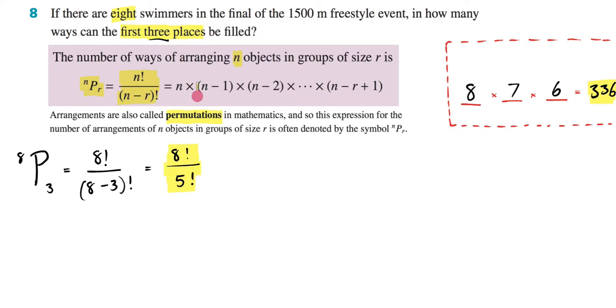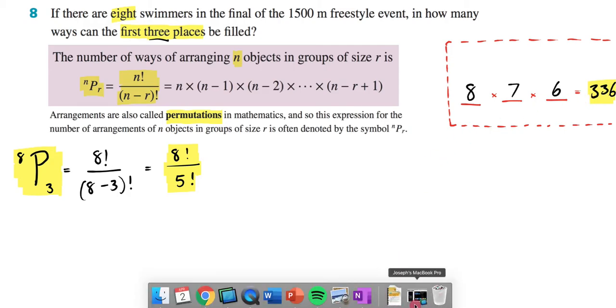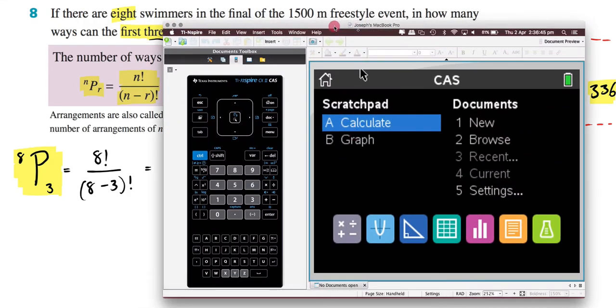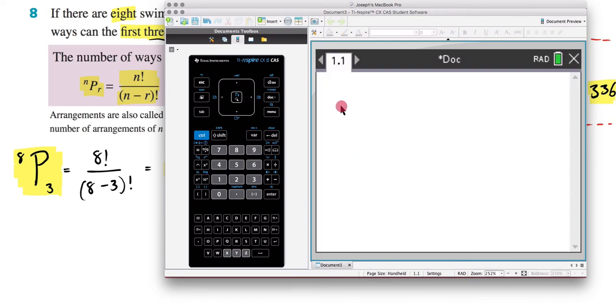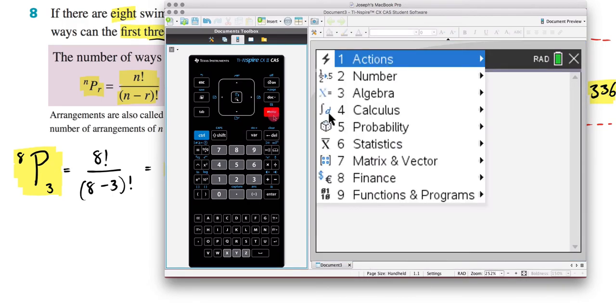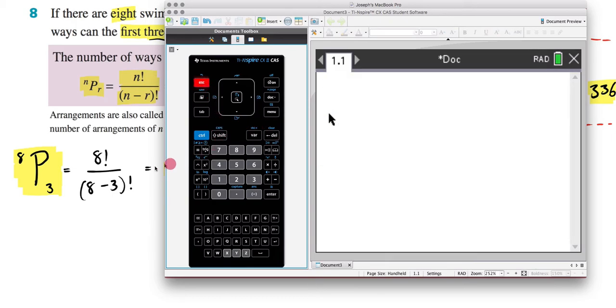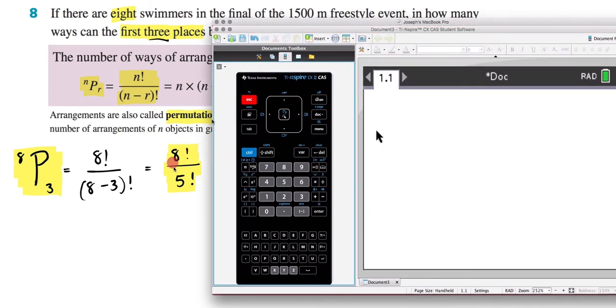Now I am going to show you how we're going to fully write this out mathematically. But before we do that, I want to show you how you could use your CAS calculator and type in either this information or type in this information to get our answer of 336. So let's bring up our CAS over here. Actually, the first thing we'll do, let's put in this notation right here.